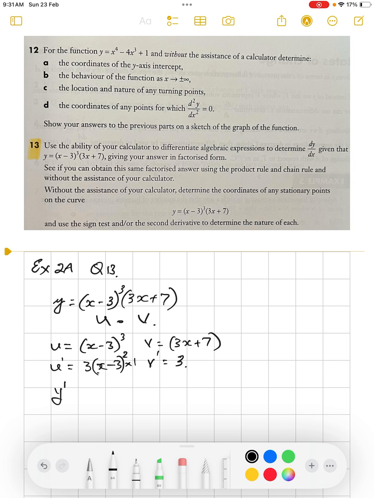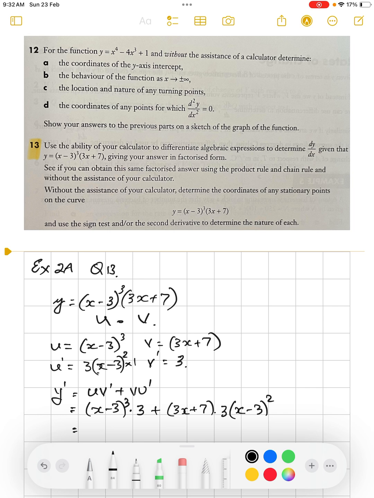So the product rule says y' is uv' plus vu'. So it's u, (x − 3)³, times v', which is 3, and then v, which is 3x + 7, and then u', which is 3(x − 3)².